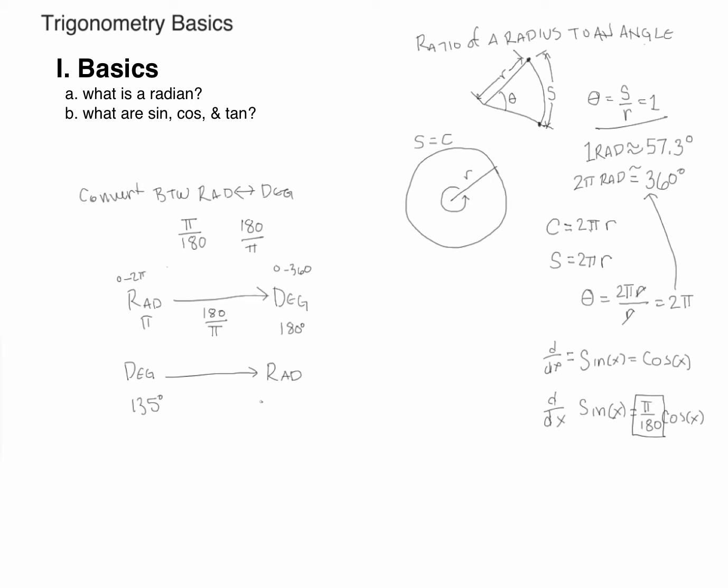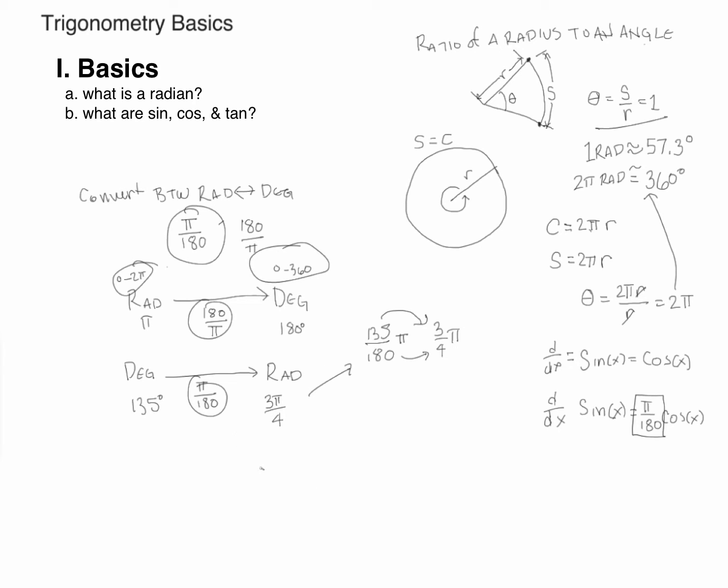That doesn't work. Instead, you've got to convert it to a smaller number, so do pi over 180. We get 135 over 180 times pi. Well, this is just 3 over 4 pi, so we'll just call it 3 pi over 4.